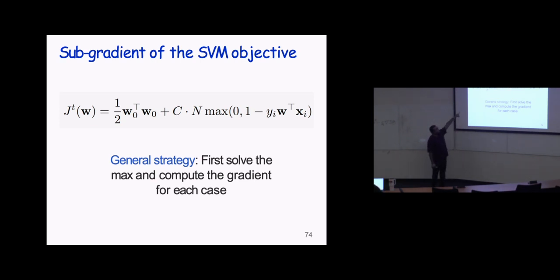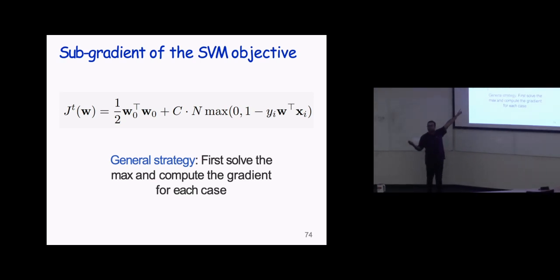All you have is the first term, w squared. The gradient of that is w. That's easy. But if your max is 1 minus that term, then you need to combine these two, right? So it's a case-by-case subgradient we need to compute because we have a non-smooth point in between, right?